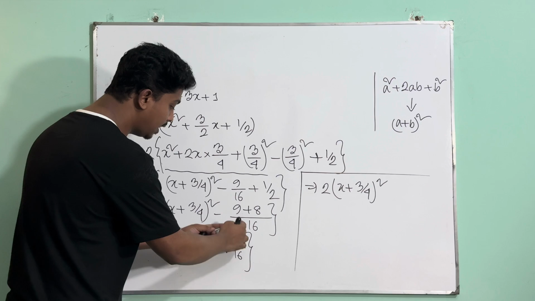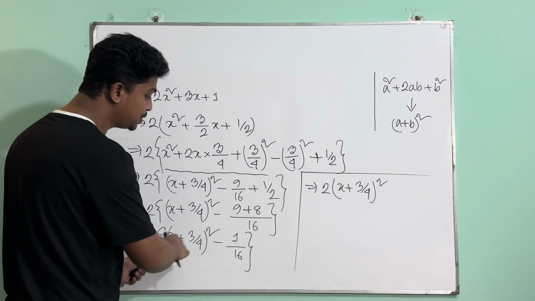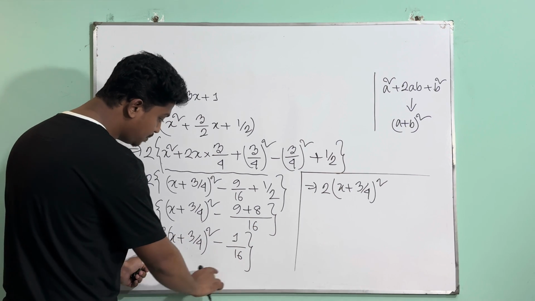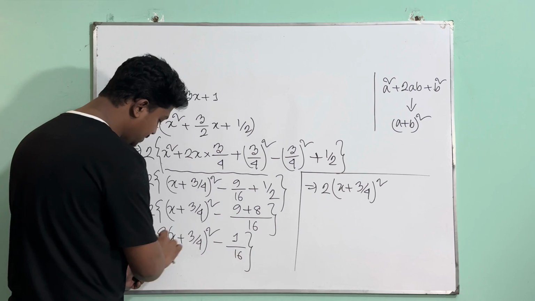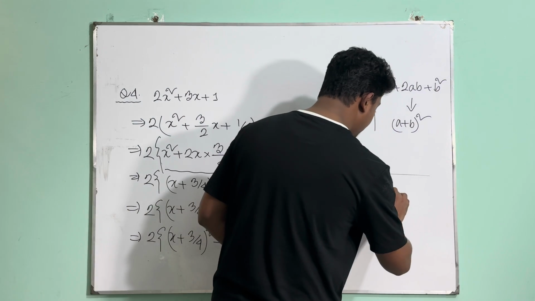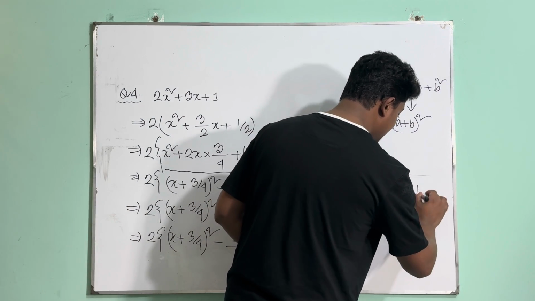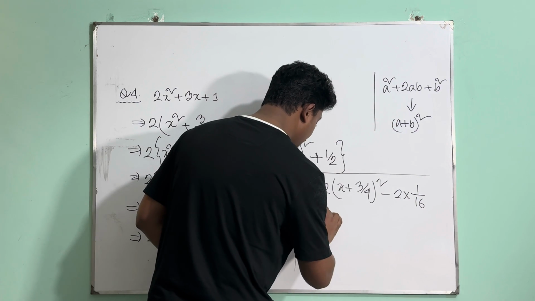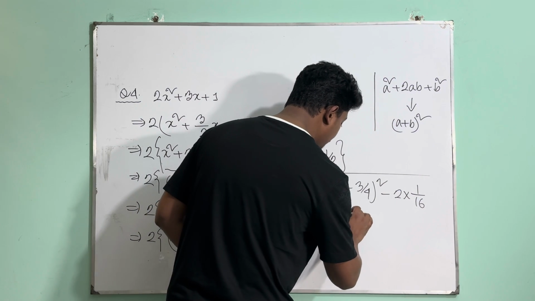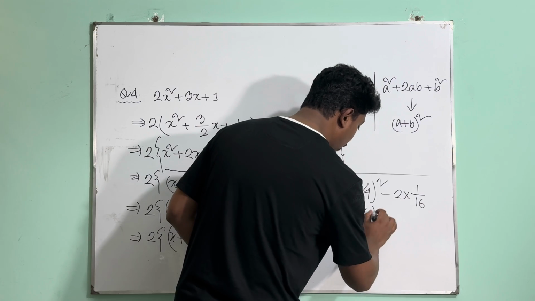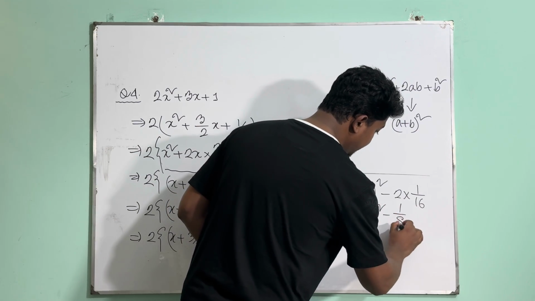Then when you get 1/16 out, you have to multiply 2 with it, because 2 is multiplied with that one. Now we are getting it out of this boundary, right? So minus 2 multiplied by 1/16. You're going to finally get your answer, 2(x + 3/4)² minus 1/8.